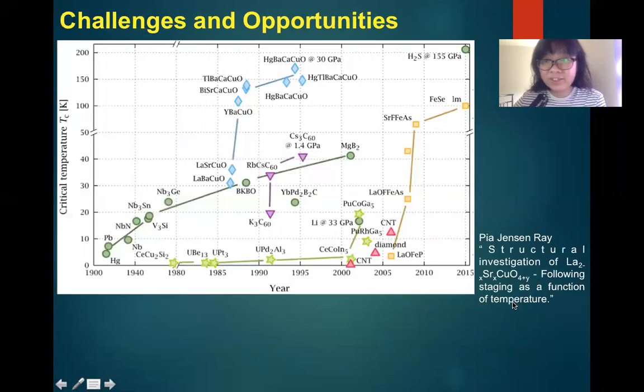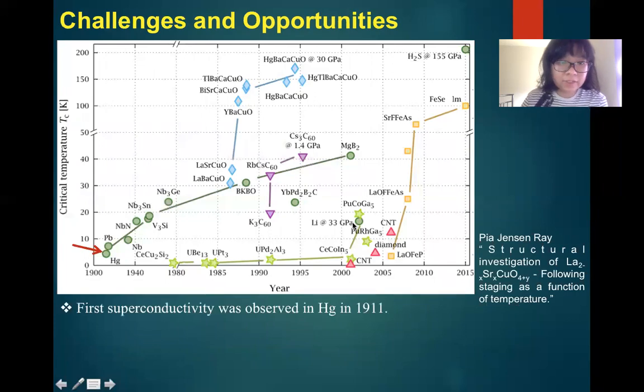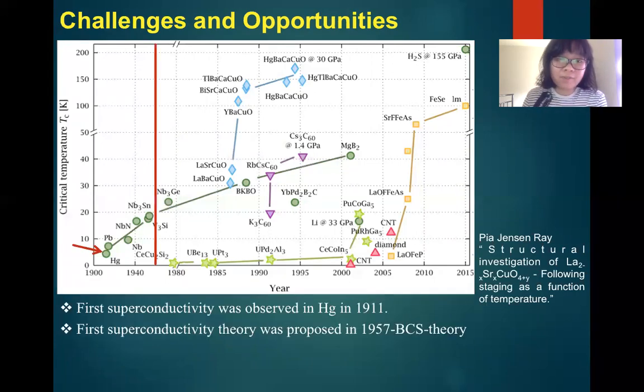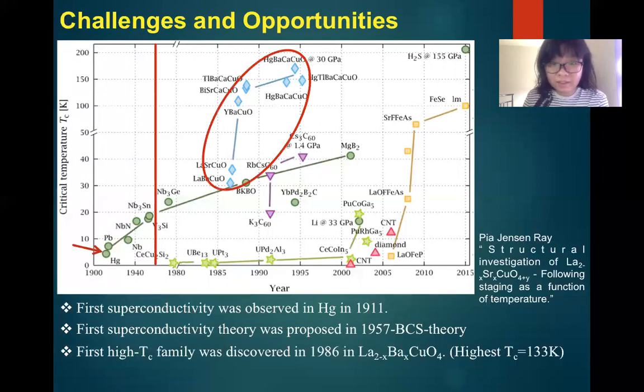Superconductors are so interesting and so important. However, there are a lot of challenges in this field. The first superconductivity was observed in mercury in 1911. After almost half a century, the first superconductivity theory was proposed, the famous BCS theory. After another 30 years, the first high Tc superconducting family was discovered, the famous cuprates.